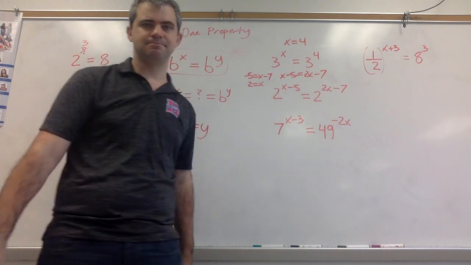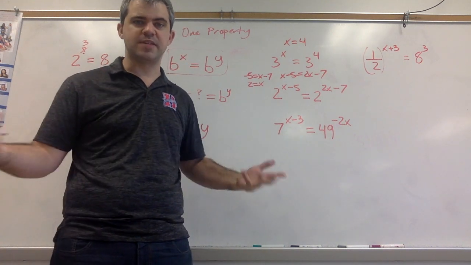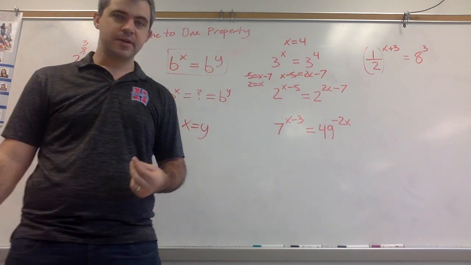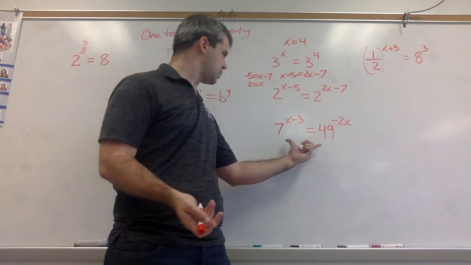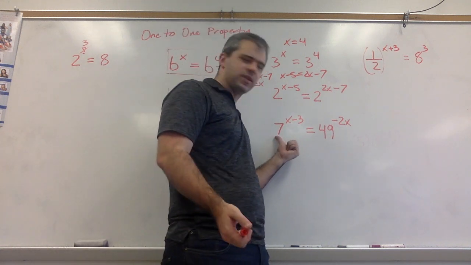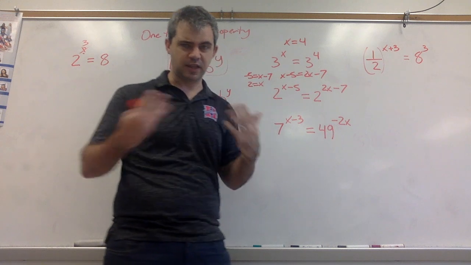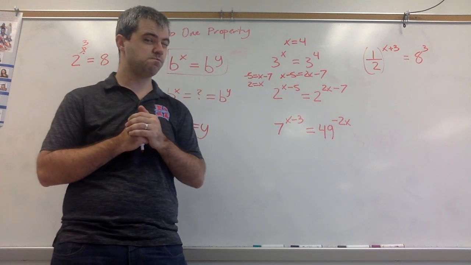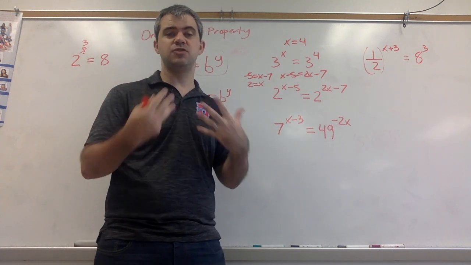What about this one? Mr. McClung, you said the bases had to be the same. Well, it's true. So we have to do a little bit of work here, but not too much. Is there a relationship between 7 and 49 dealing with exponents? 49 is 7 squared.